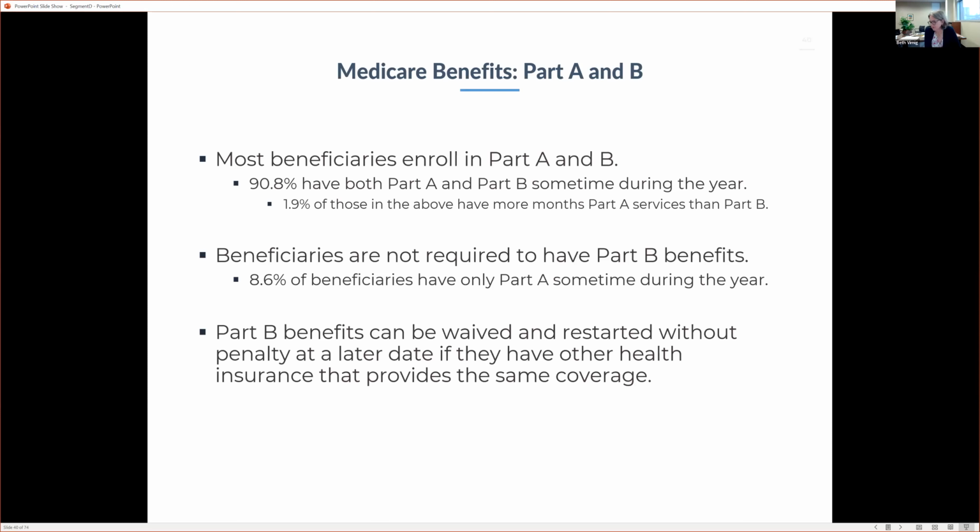So when you're using an algorithm that says equal months of Part A and Part B, for new enrollees, I will sometimes allow just a little bit of latitude there.